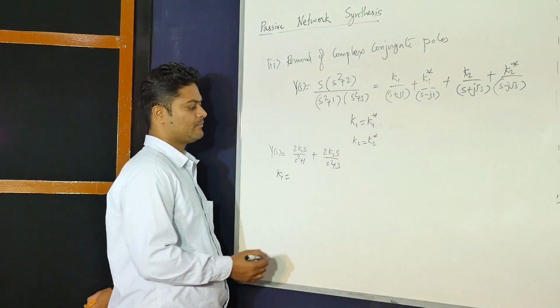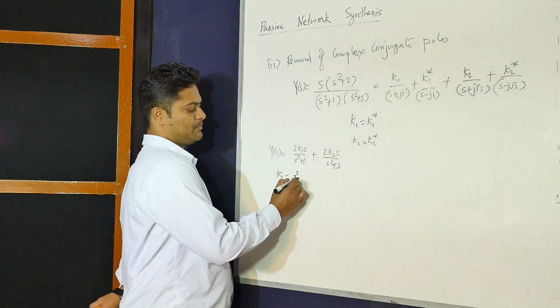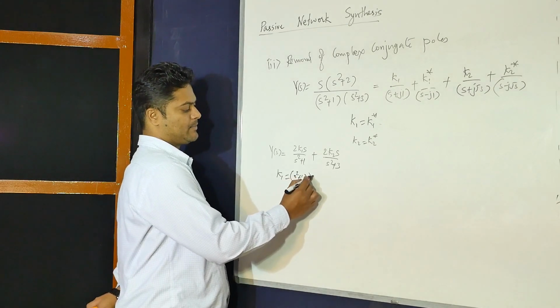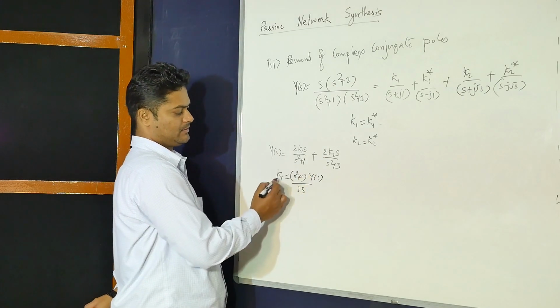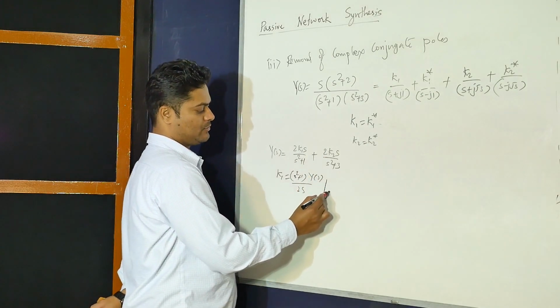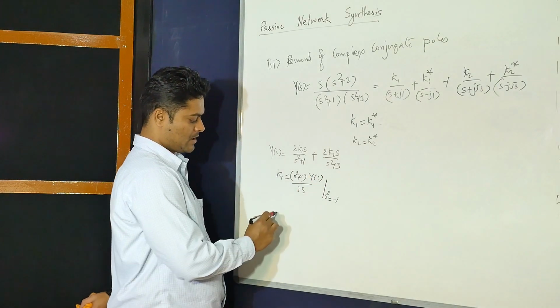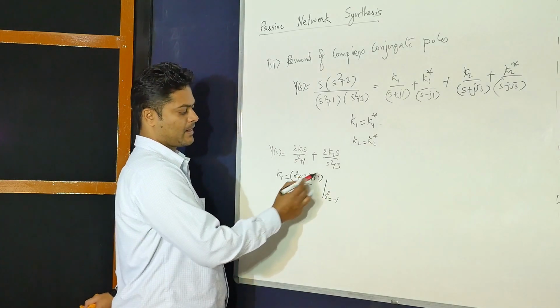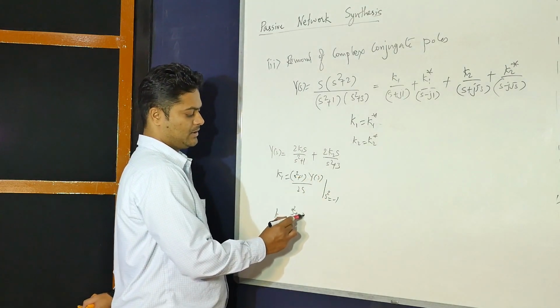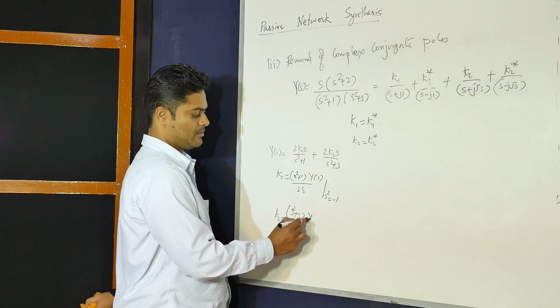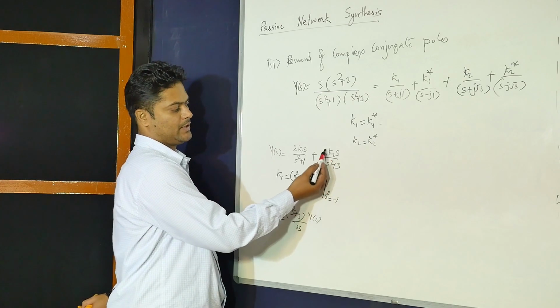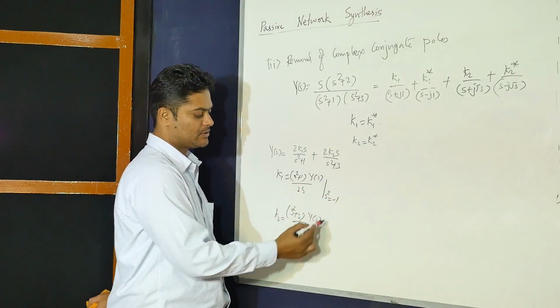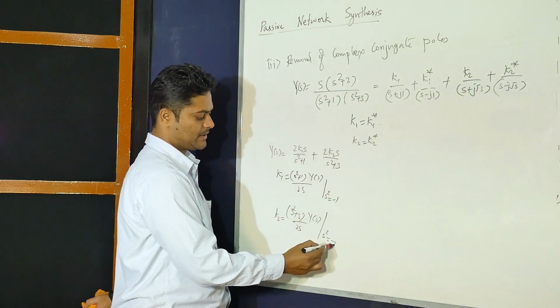k1 is nothing but s square plus 1 multiplied by Y of s divided by 2s, at s square equal to minus 1. And k2 is nothing but s square plus 3 multiplied by Y of s divided by 2s, at s square equal to minus 3.